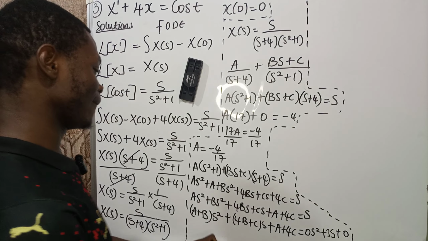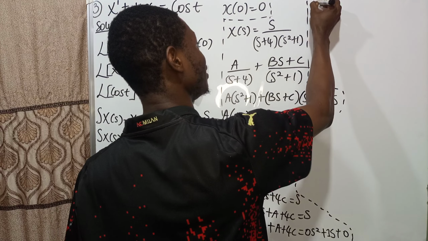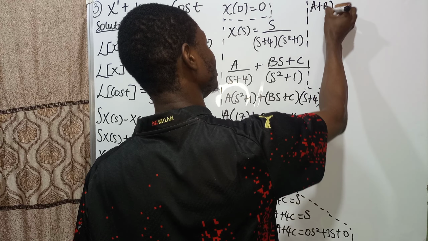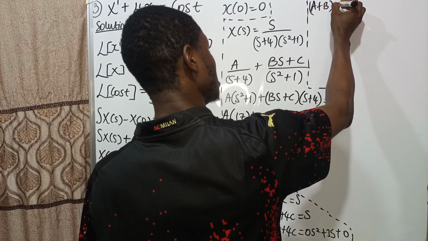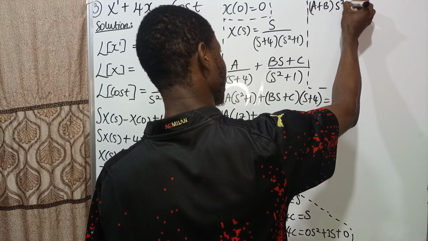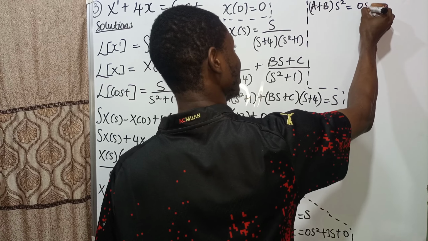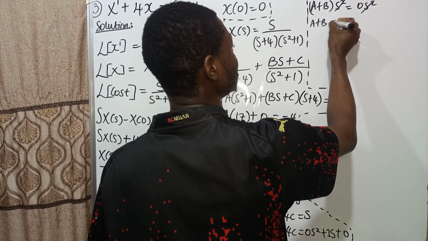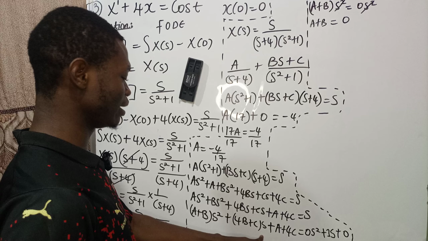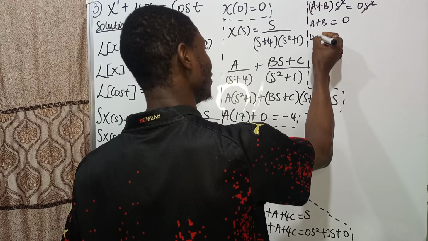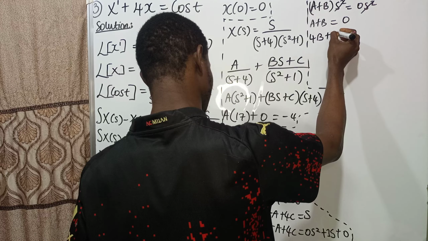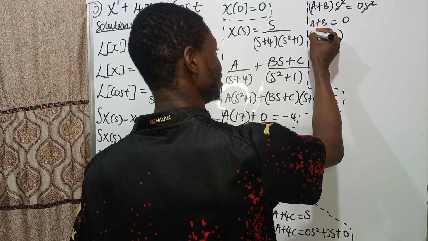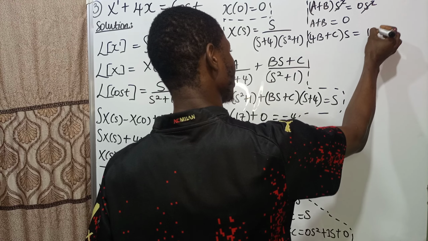So now comparing them, we have a plus b, s squared is equal to 0s squared. The s squared we cancel, we have a plus b is equal to 0. Now comparing these, 4b plus c, s is equal to 1s.